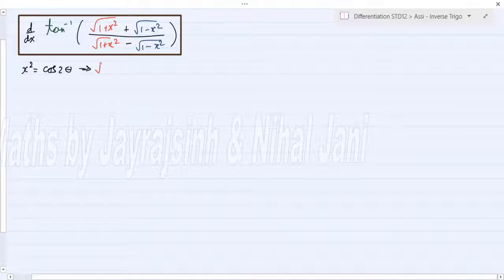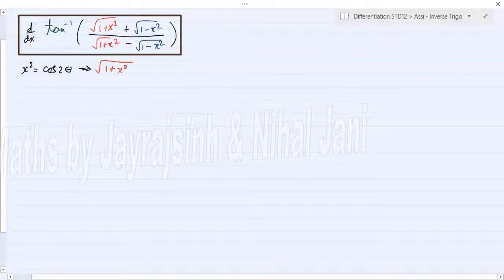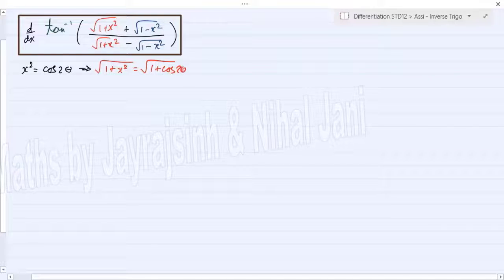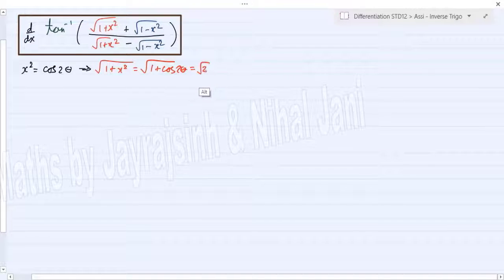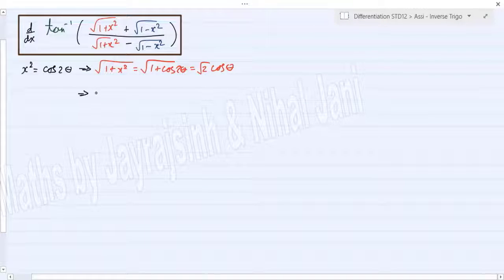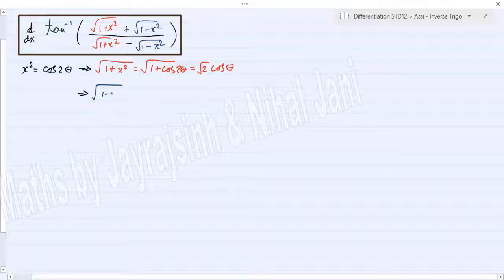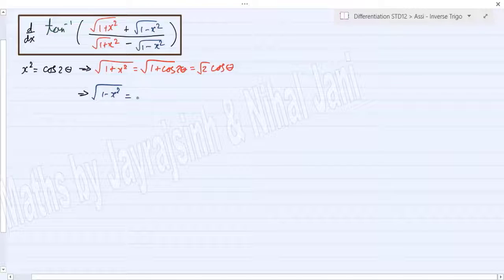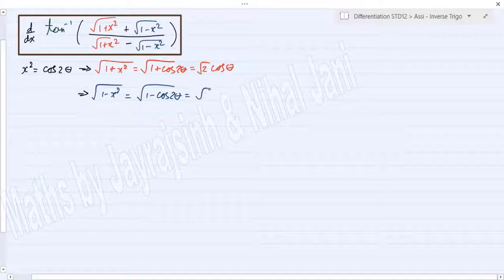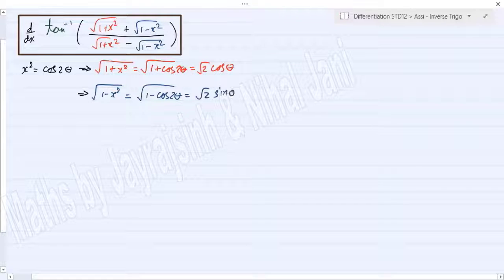So under root of 1 plus x square will become under root of 1 plus cos 2 theta, or we can say root 2 cos theta. Similarly, under root of 1 minus x square will become under root of 1 minus cos 2 theta, or we can say root 2 sine theta.